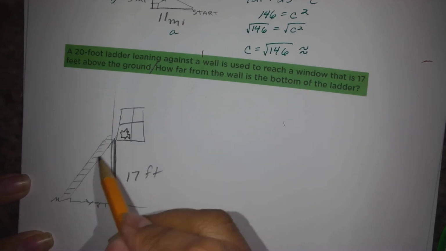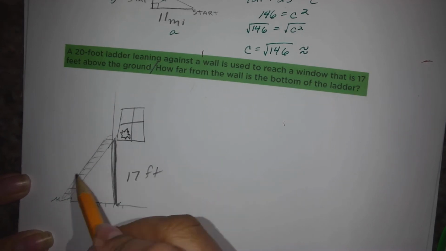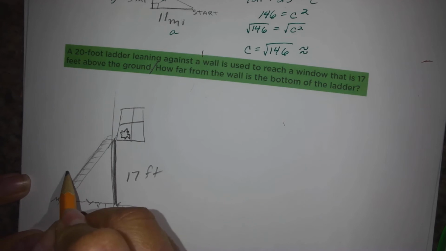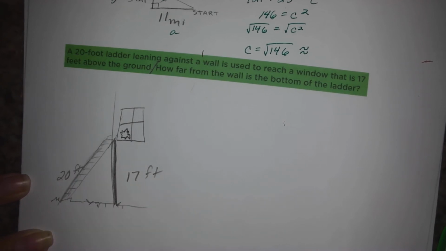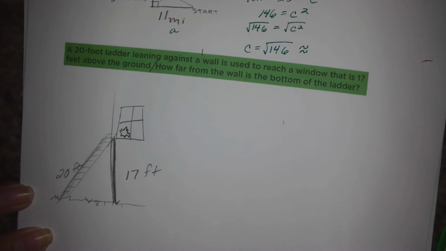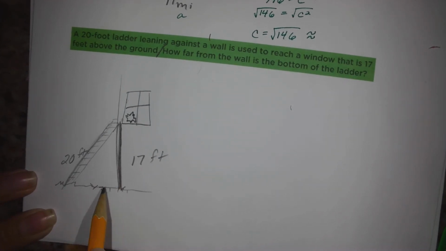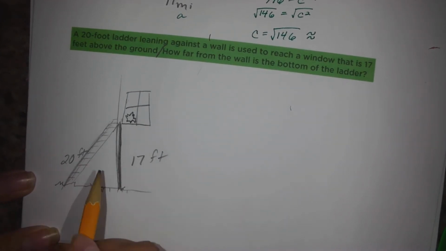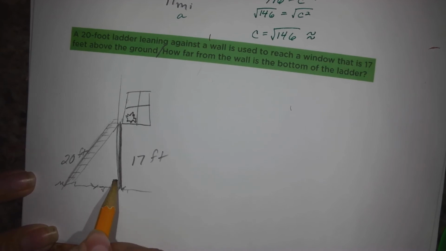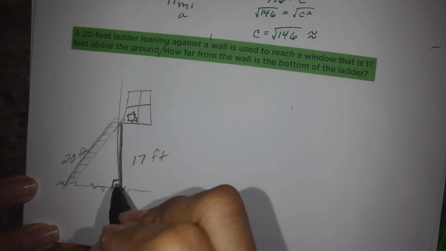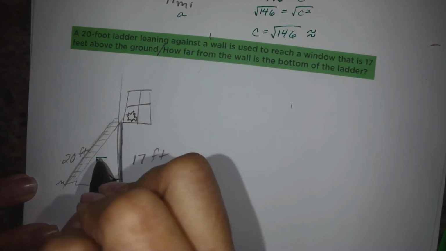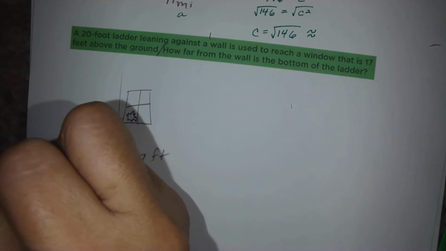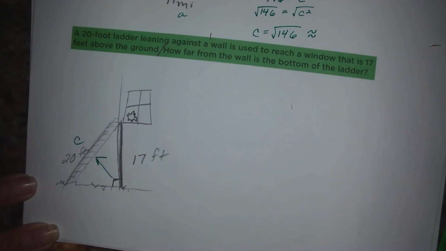My ladder, this part, the ladder, is 20 feet. Well, the building, hopefully it was built straight. So I have a right angle right here. And once again, you're going to go ahead and draw your arrow to let you know which one is your hypotenuse. And this is my letter C.